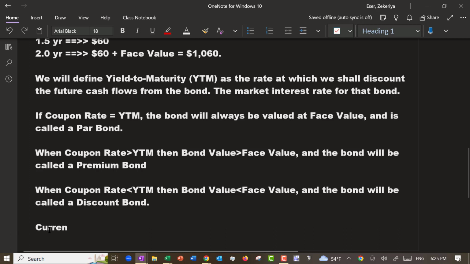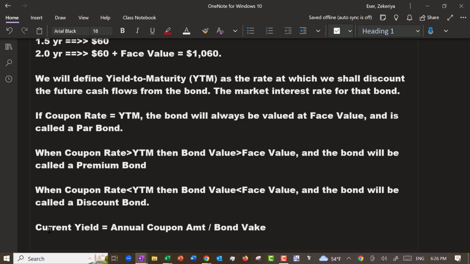Equals annual coupon amount, or face value times coupon rate, divided by bond value.